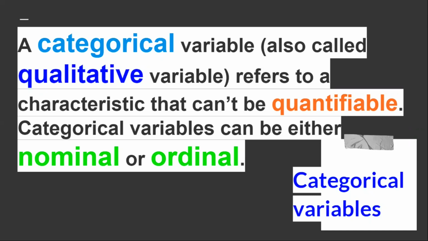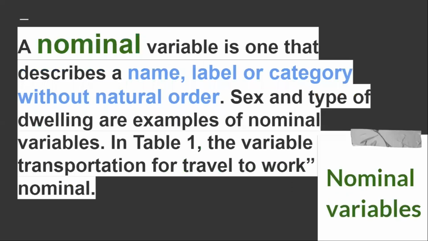A categorical variable can be either nominal or ordinal. So that's what we can say about categorical variables, which have two main subcategories.